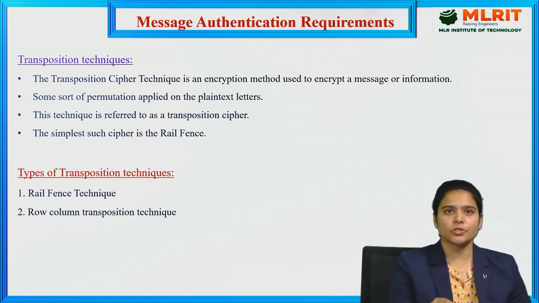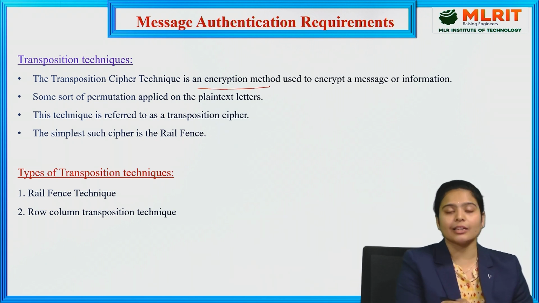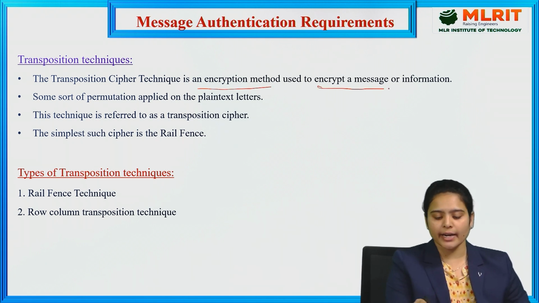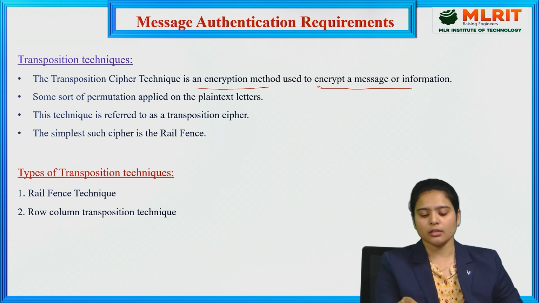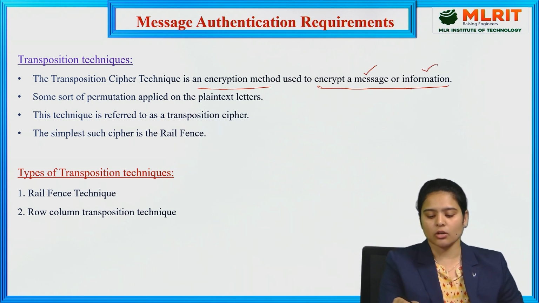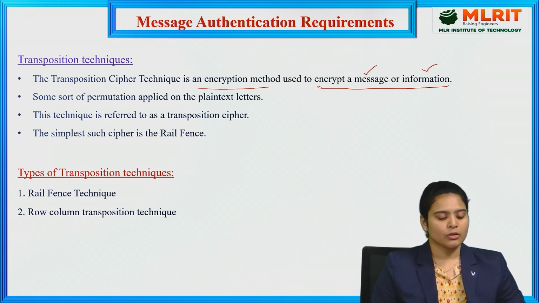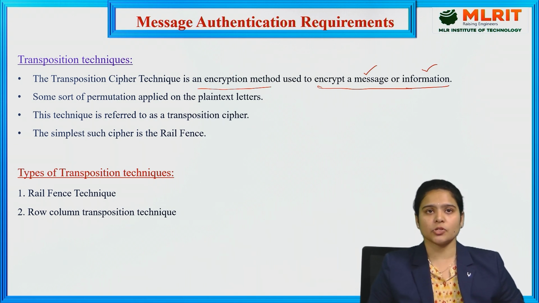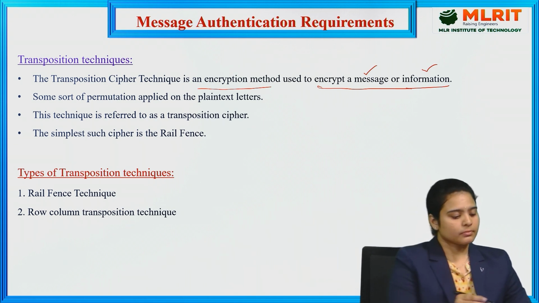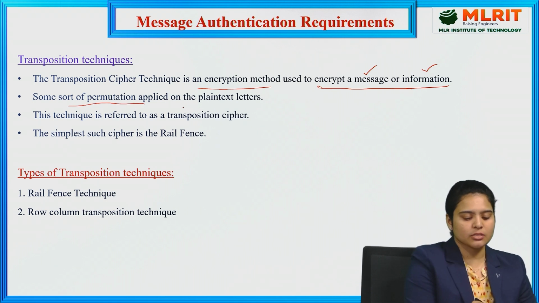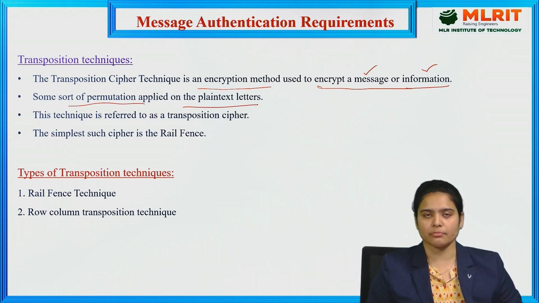Transposition is an encryption method used to encrypt a message or any other information. Either the message or the information should be in an encrypted format. In this technique, we apply permutations to the plain text letters. This technique is referred to as a transposition cipher.